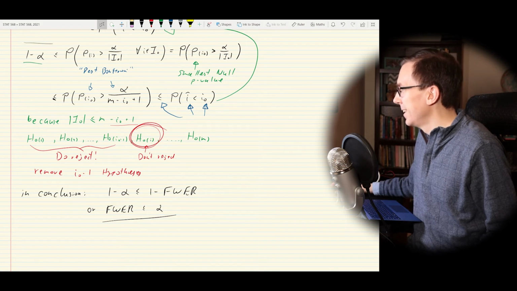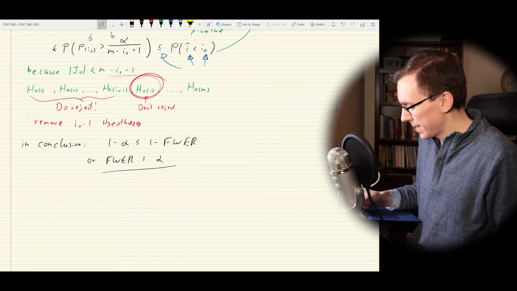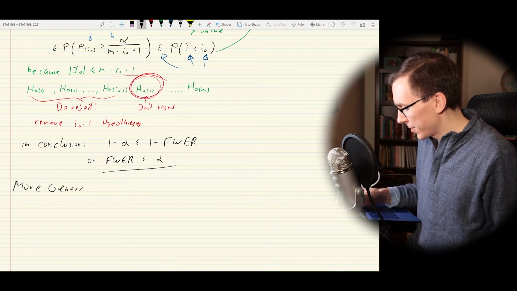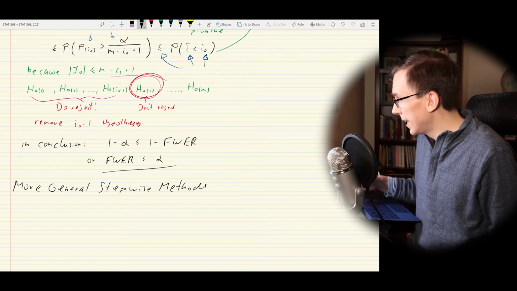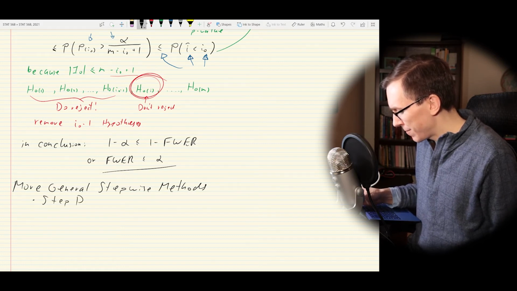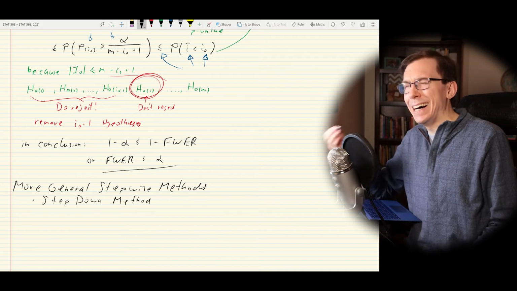Now, we're not done yet, because what we want to do is consider more general stepwise methods. Specifically, we're going to do step down, which I always find to be strange notation because it means that we start with the smallest p-value and work our way up.